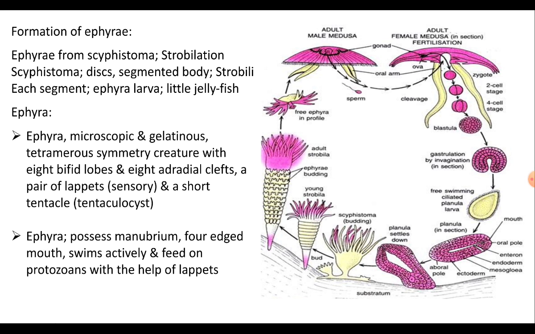The newly released ephyra is a microscopic gelatinous creature and it measures about 1 millimeter in diameter and has a well developed tetramerous symmetry. The edge of its umbrella is produced into 8 bifid lobes, the arms.